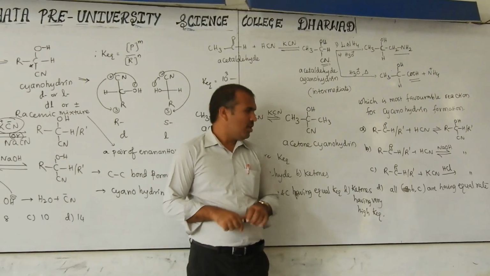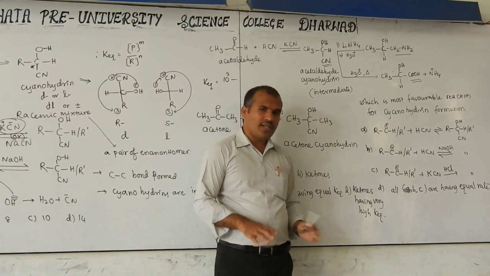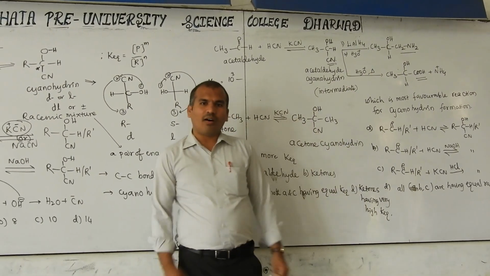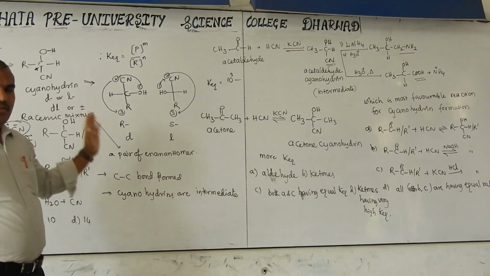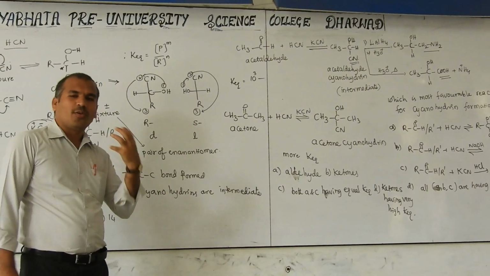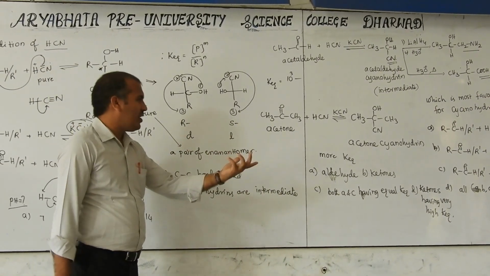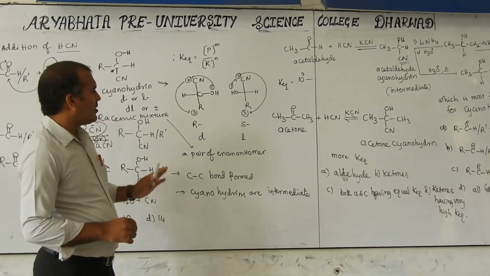So we have to judge in which condition it is most favorable for the forward reaction. I am giving these questions to see whether students are utilizing the knowledge I already explained in the previous video. If you are utilizing it, you can answer here, otherwise you can't. So this is about the cyanohydrin reaction.